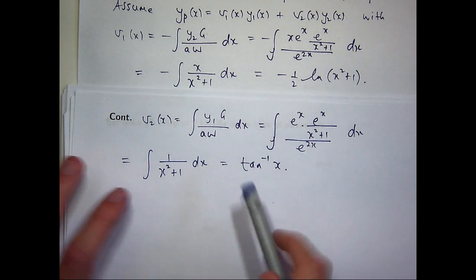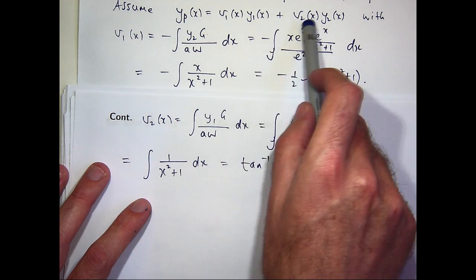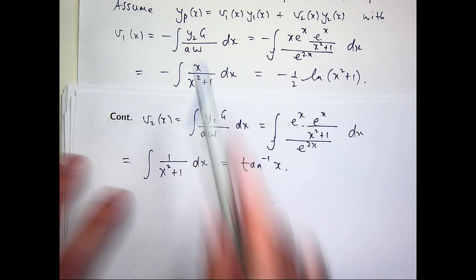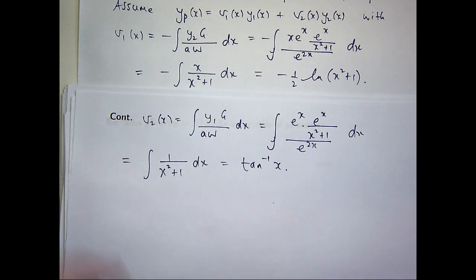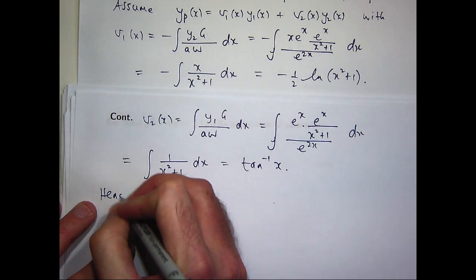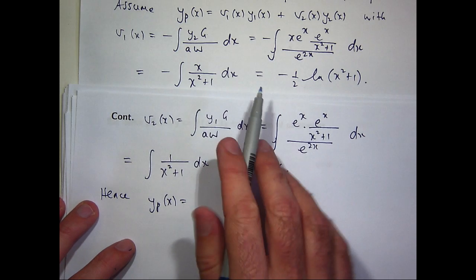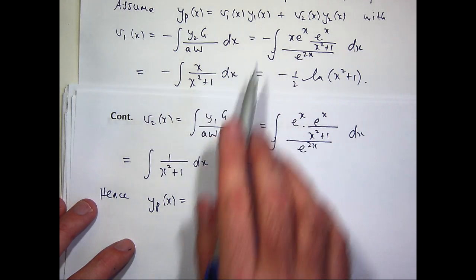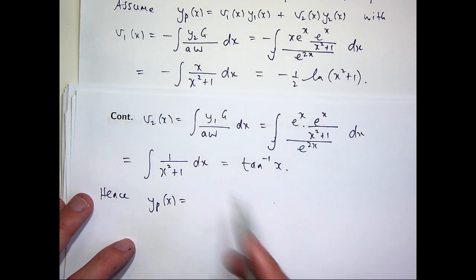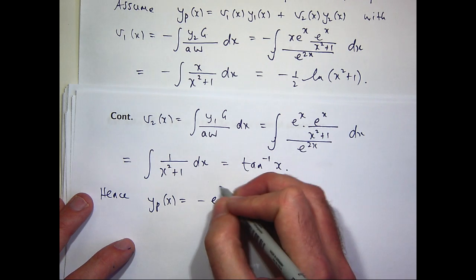Well, now we've got v1 and v2, these coefficient functions. Let's combine them and write down y sub p. So y sub p is v1 times y1. My y1 is e to the x, so I'm going to get something like this when I combine.